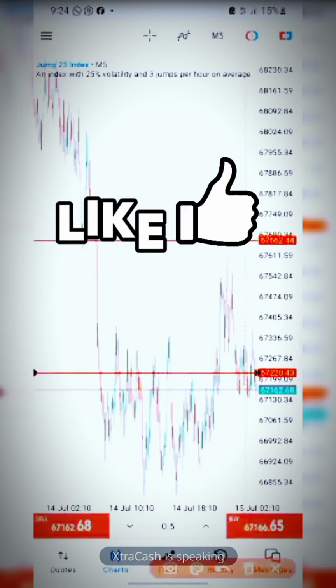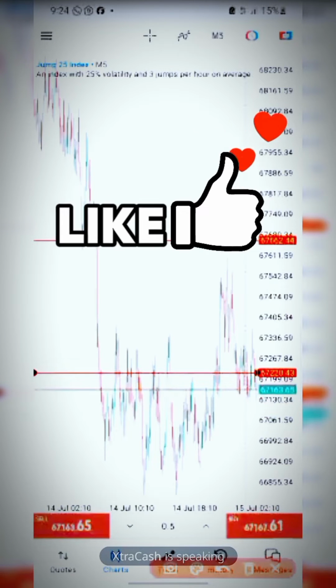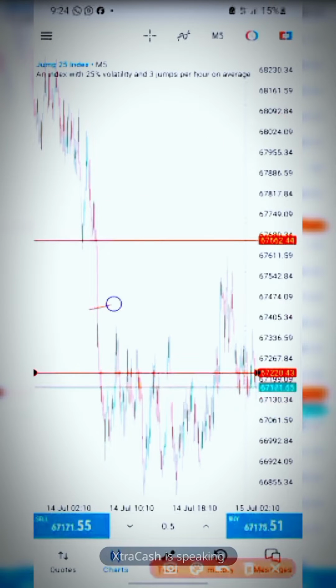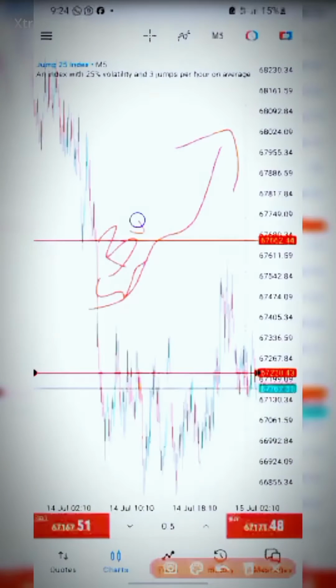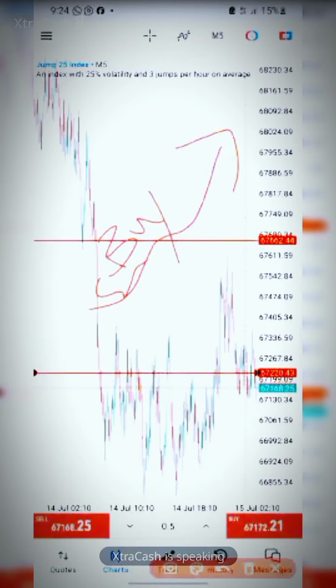There's the general saying that the trend is your friend. So in a bullish trending market, it is expected that you look for opportunities to buy. That's why they say it's good you know your trend, so you follow trend.